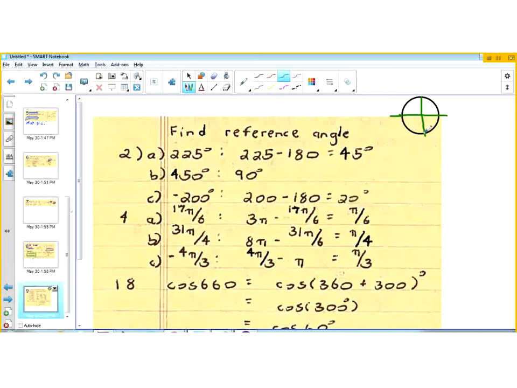Here's 180 degrees, here's 270 degrees, so 225 is going to be in here. To get to the x-axis, you have to subtract 180, so it's 45 degrees.